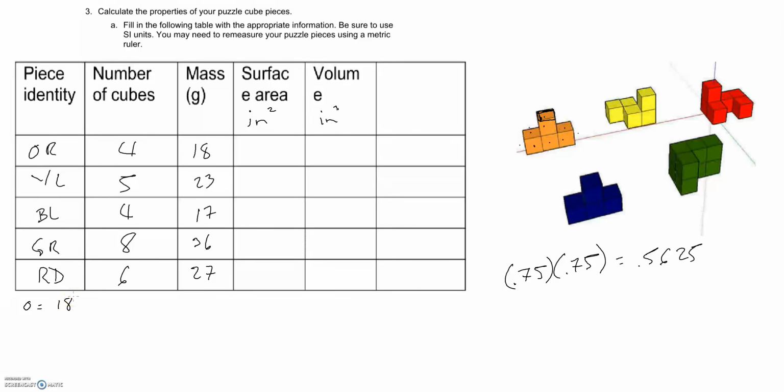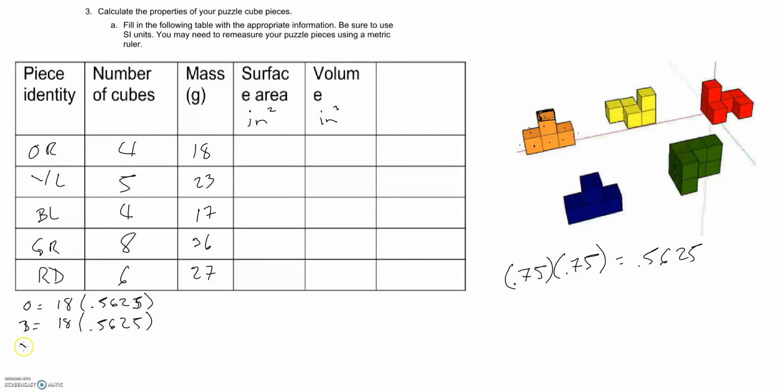That's how many squares are showing if I count it all the way around, times 0.5625. Same thing with my yellow, my red, my blue, and my green. Blue is actually identical to the orange, so my orange and my blue are both going to be 18 times this 0.5625.